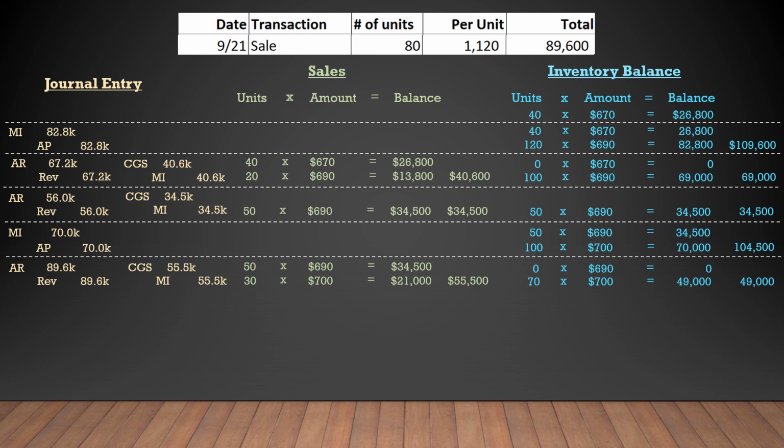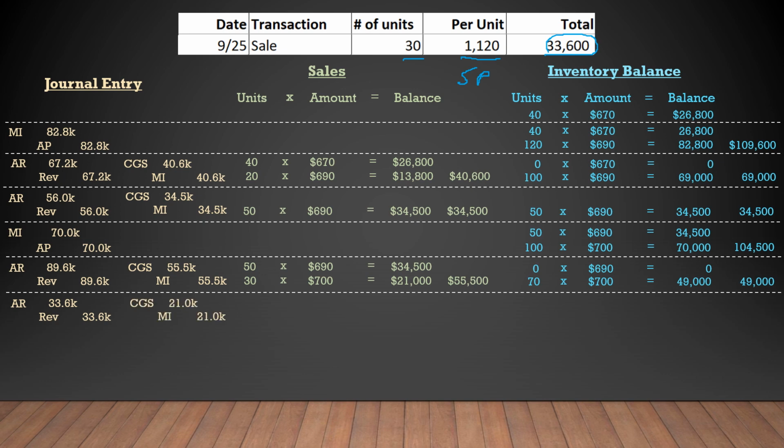We make one more sale on September 25th. Just 30 units at $1,120 per unit. Debit accounts receivable and credit sales for $33,600. We'll debit CGS and credit merchandise inventory for $21,000.